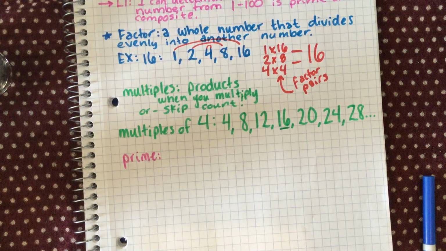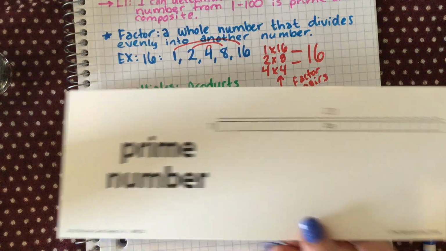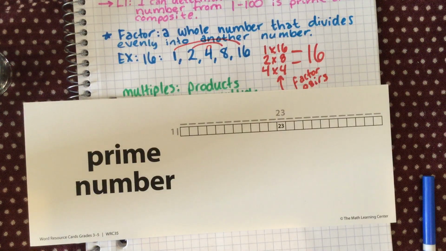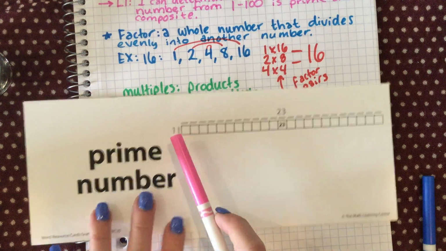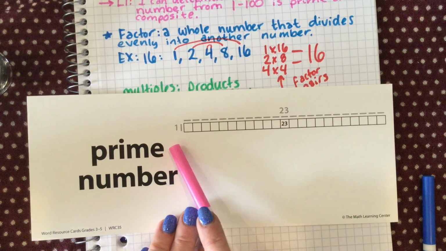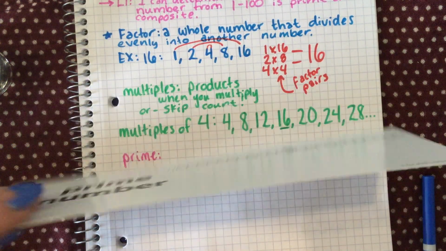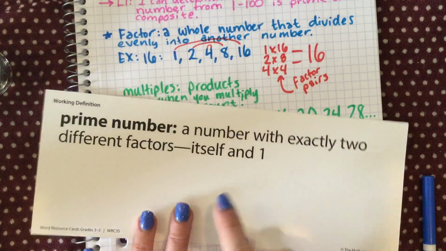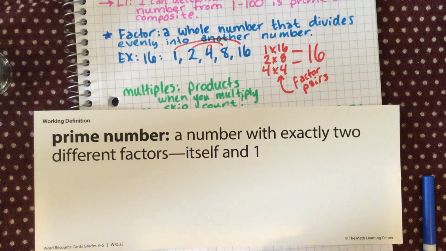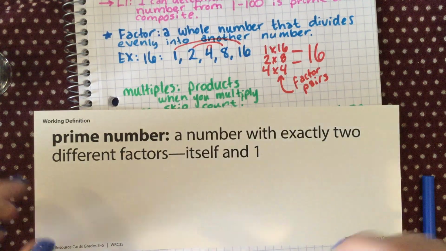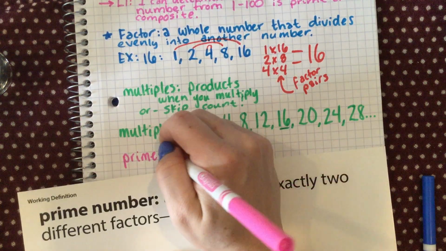So we're going to define those words right now. So a prime number, look at that visual. I can just see the posters that we made at the beginning of the year using the arrays. Why does this only have one array? Well, that's because a prime number is a number with exactly two different factors, itself and 1.